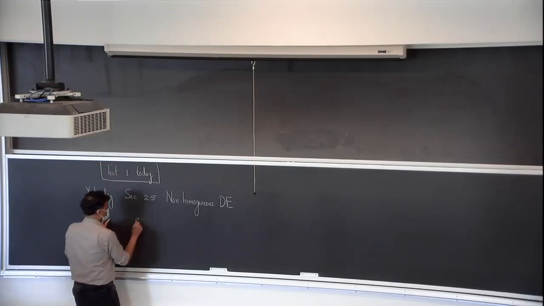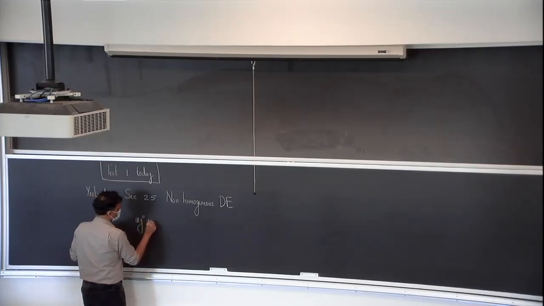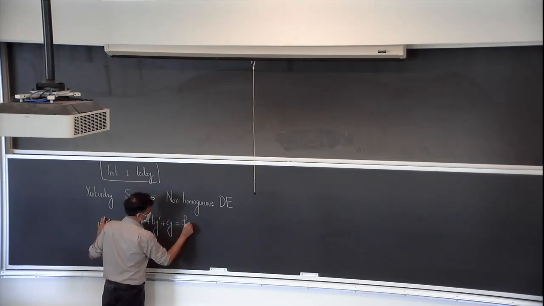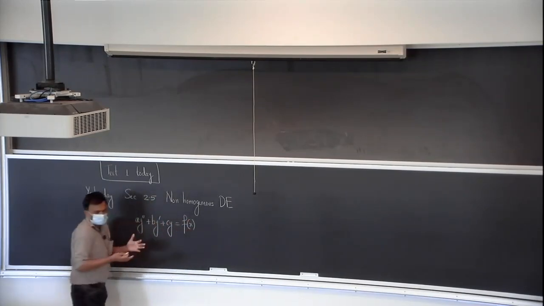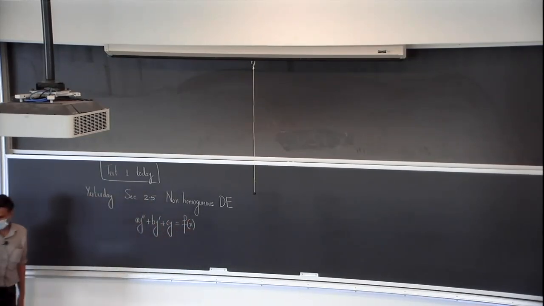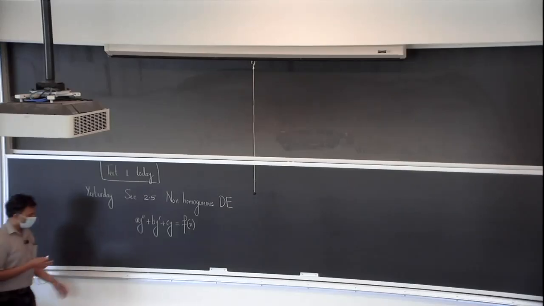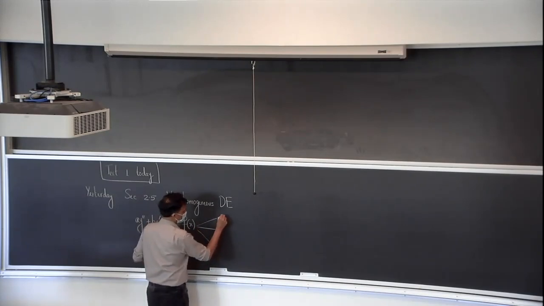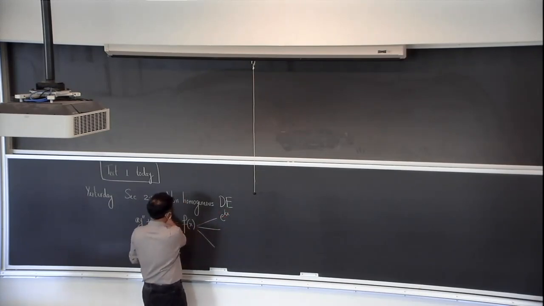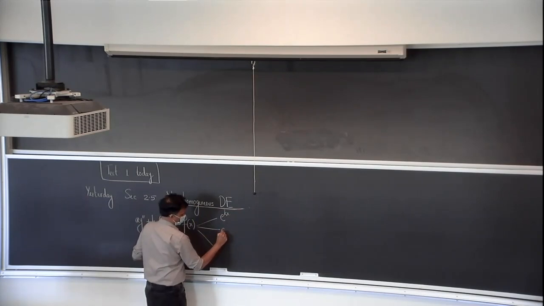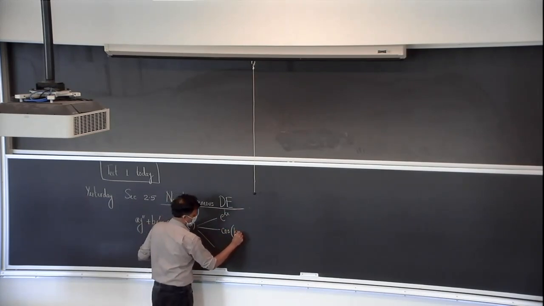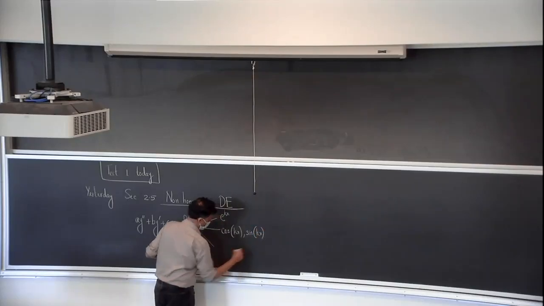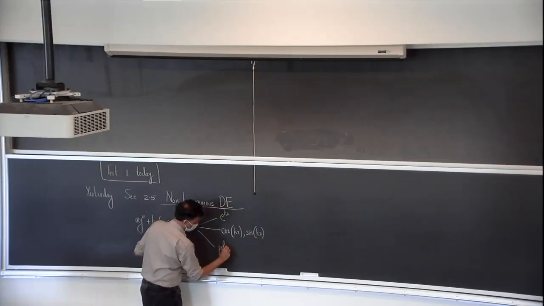So what we are trying to do is ay double prime plus b y prime plus cy equal to f of x, where f of x is some continuous and differentiable function of x. Okay. We looked at three cases in particular: exponential, the periodic cosine kx and sine kx, and also polynomial of degree n.